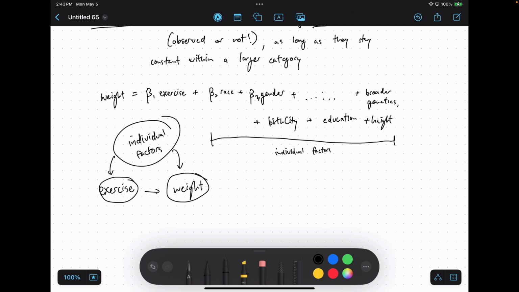These are all plausible sort of backdoor paths, right, to go from exercise to weight, because there are other things that affect weight that ideally you would want to control for, right? And so we could think about this in a similar way as our other example where we just control for those things, right? But is this list of things comprehensive in terms of all the possible individual factors? Probably not, right?